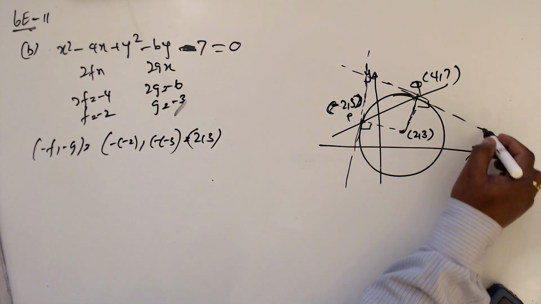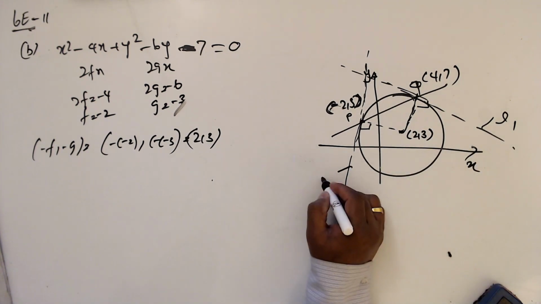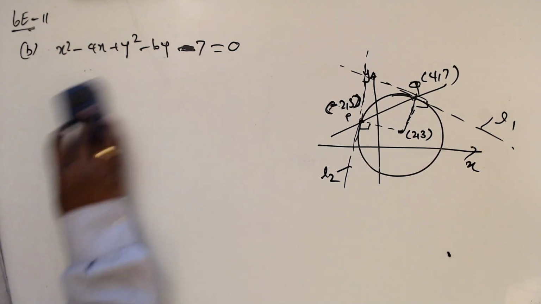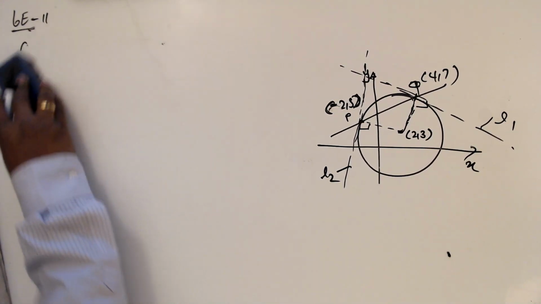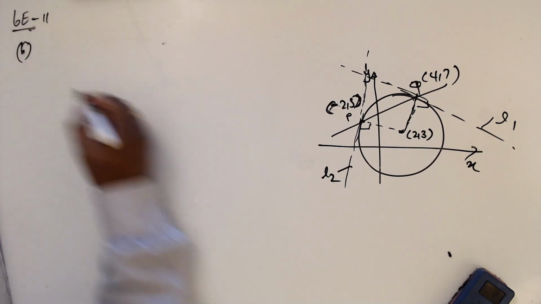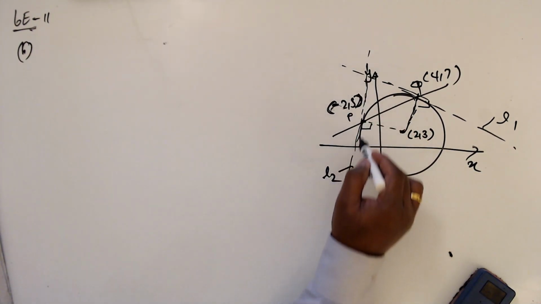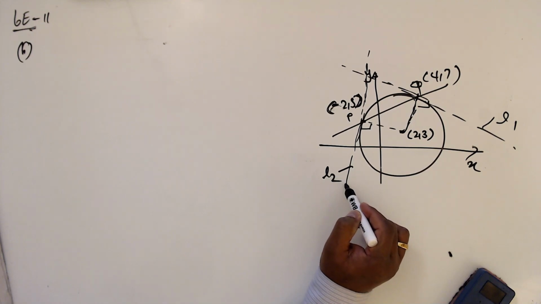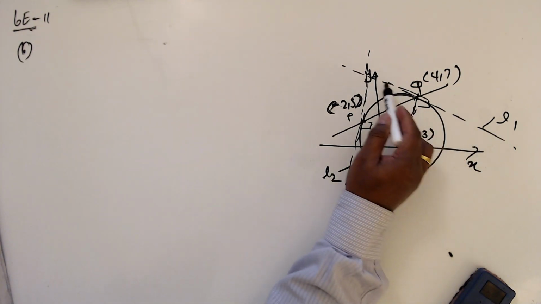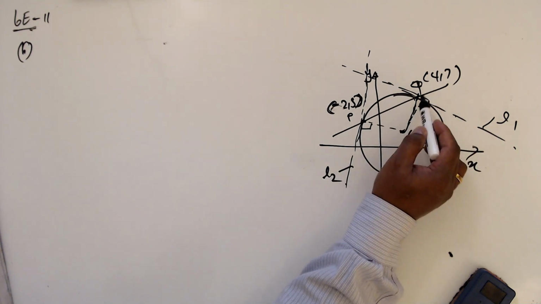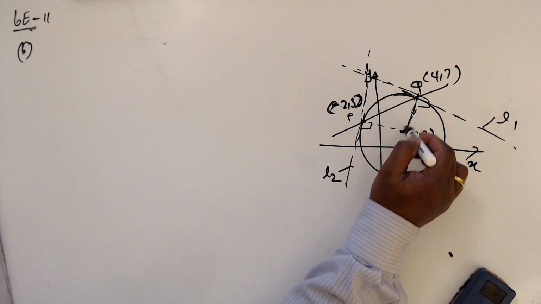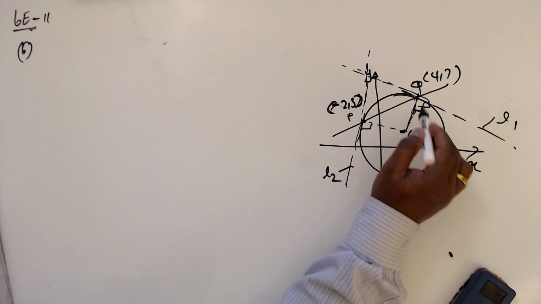I'll take this as L1 and this as L2. So I'm going to follow the same theory. I want to find the equation of L2. Okay, I'll go for L1 first. Then I want a gradient and a point. I have a point in hand, but I need the gradient. So I know the perpendicular gradient.